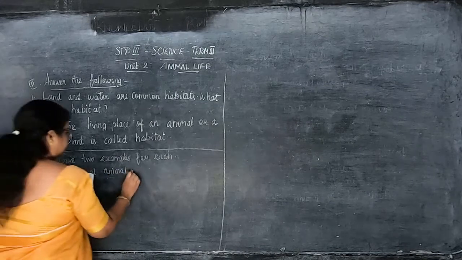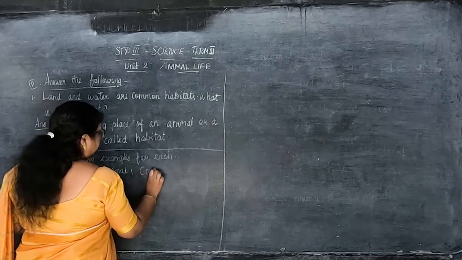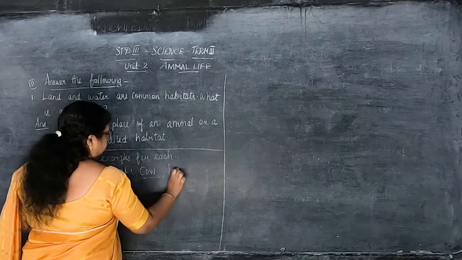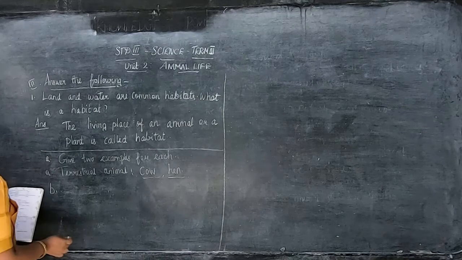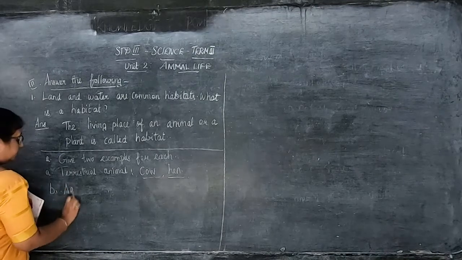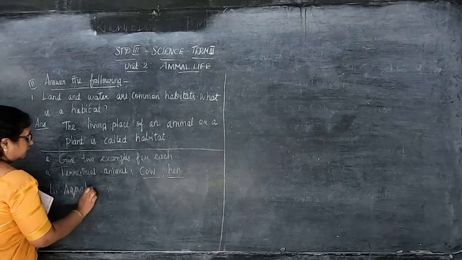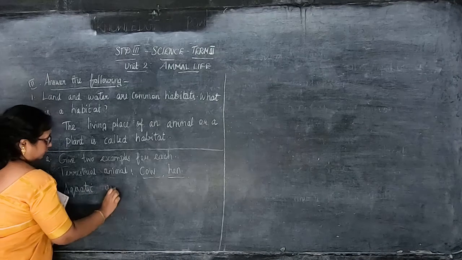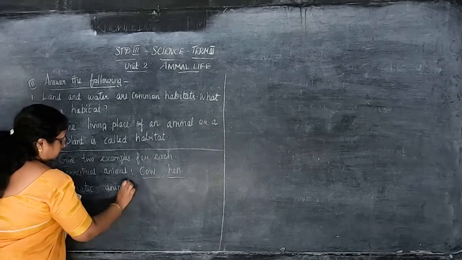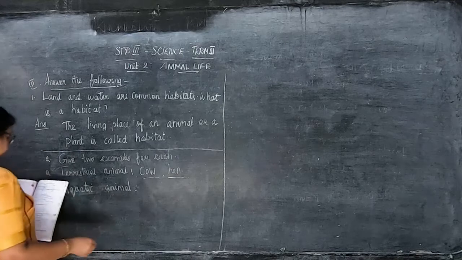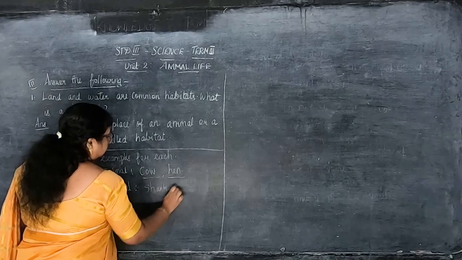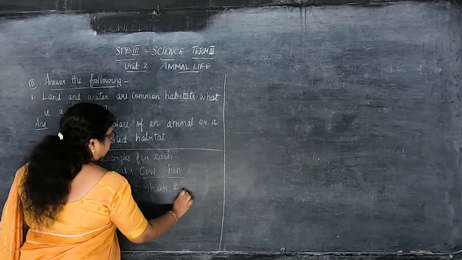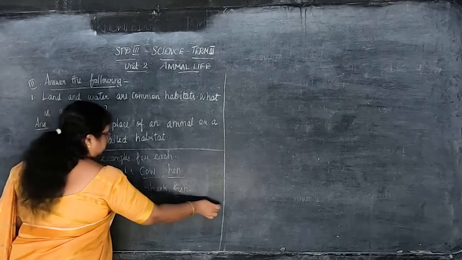So the 2 dash they have given cow, hen. These are the terrestrial or land animals. Next, aquatic. Aquatic means which lives in water. Aquatic animal, shark, fish. Okay, children, these 2 is answer.